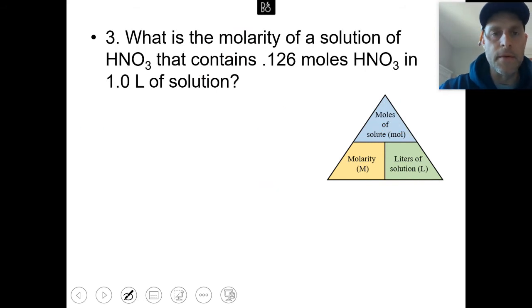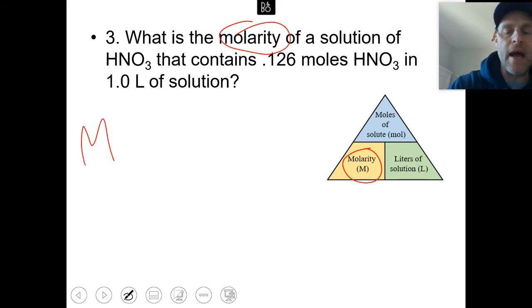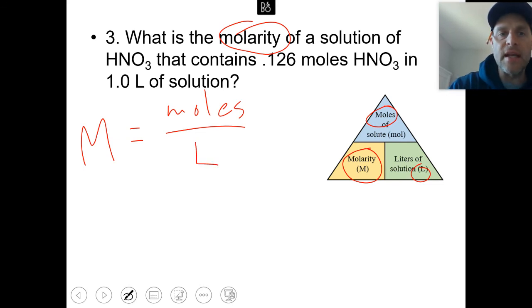Okay, let's try another one. Here we go. Now, number 3 says, what's the molarity? So now I'm solving for molarity. Well, that's this one. So it's a different equation. So molarity is capital M. What's left? I have moles of solute on top over liters of solution on bottom. It says 0.126 moles. So that's going to go on top, 0.126 moles, and 1 liter on bottom.